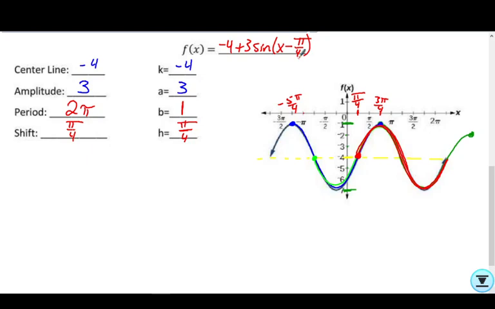Or if you did this cosine wave from here to here, it would be f of x equals -4 plus 3 cosine of x minus 3 pi over 4. But there are basically almost an infinite number of possibilities here because they are waves, and since they go in a cycle, there will be a bunch of different answers that could possibly be. These are two of the easiest ones.